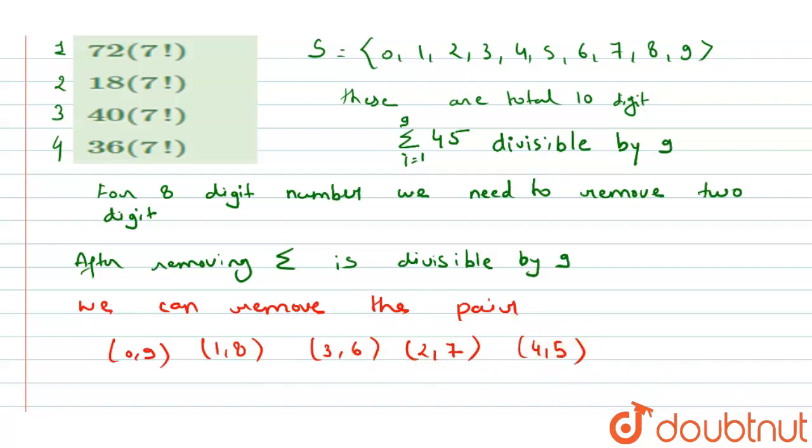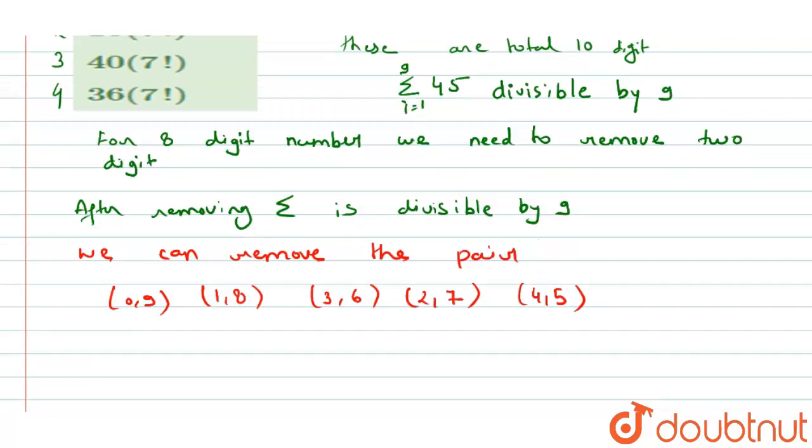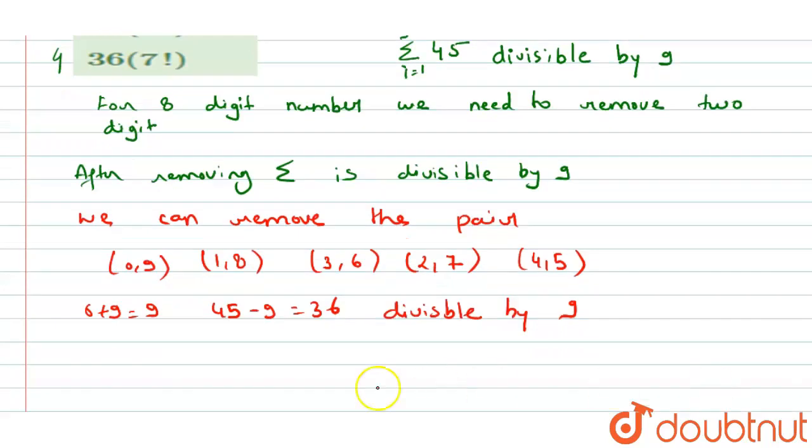Let's check what happens when we remove them, whether it is divisible by 9 or not. 0 plus 9 is equal to 9, and the earlier sum 45 minus 9 is equal to 36, divisible by 9. Similarly we check all the pairs. 1 plus 8 is 9, 45 minus 9 is 36, divisible by 9.